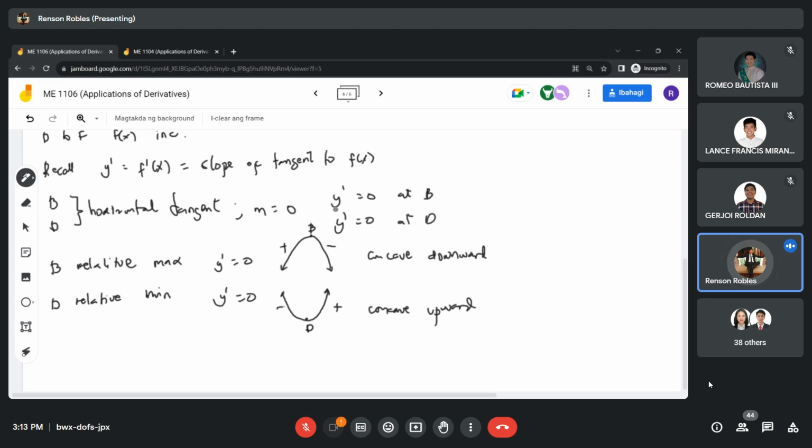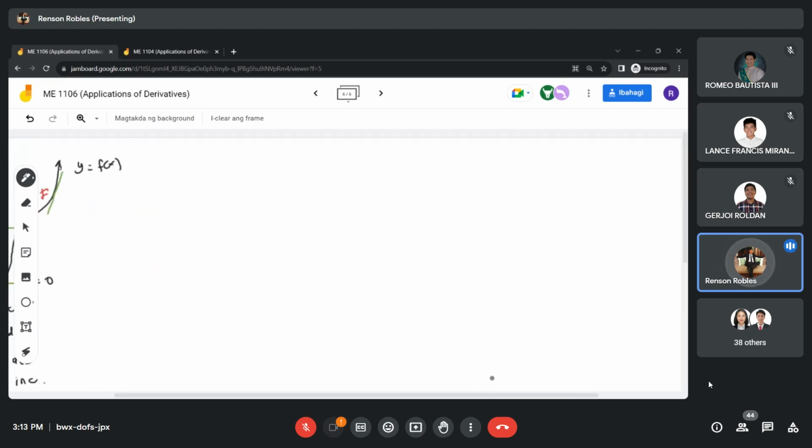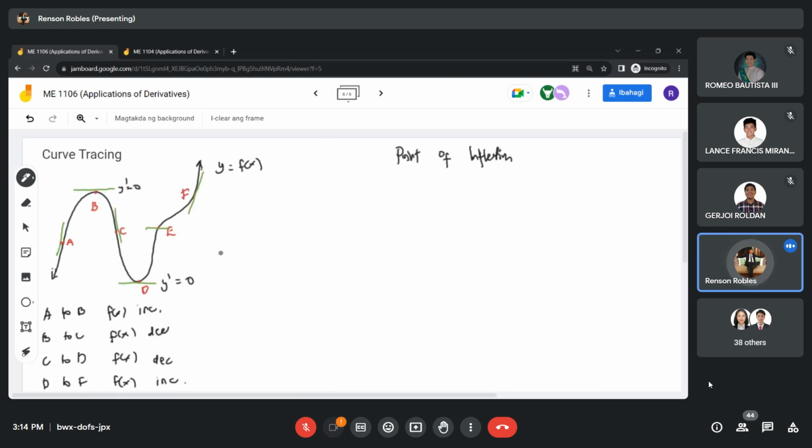By the second derivative test, you can determine whether the function is concave upward or concave downward by getting the points of inflection. So point A, point C, and point E are points of inflection, because there is no change in the behavior.